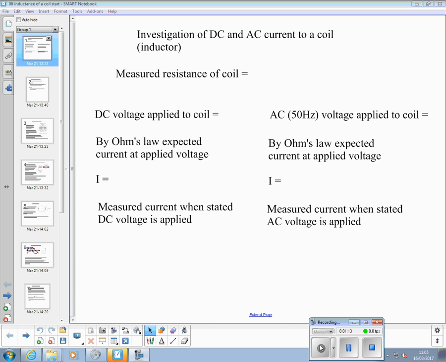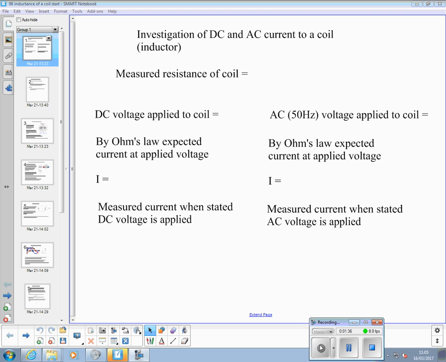Alright, so up the front here I've got a coil of wire. It's just a simple coil of cable, both ends out, so we can take measurements off it and pass a current through it. What we're going to do is measure the resistance of the coil, calculate using Ohm's law what current we expect to flow for a given applied voltage.